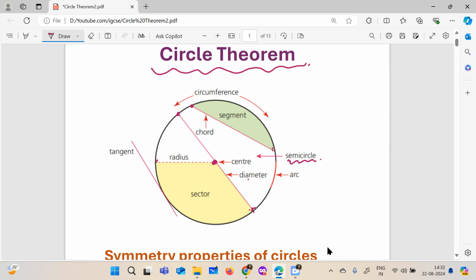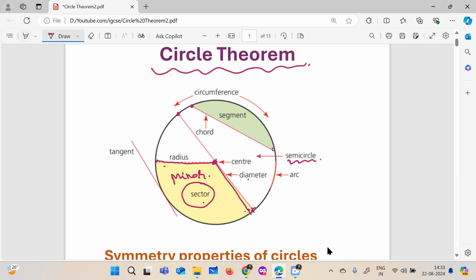Now you can see another word mentioned, sector. So what is a sector? A sector is the area enclosed between two radii. Here is one radius and here is another radius. In between these two radii, this is the enclosed area. Because this is the smaller part of the circle, we call it the minor sector.